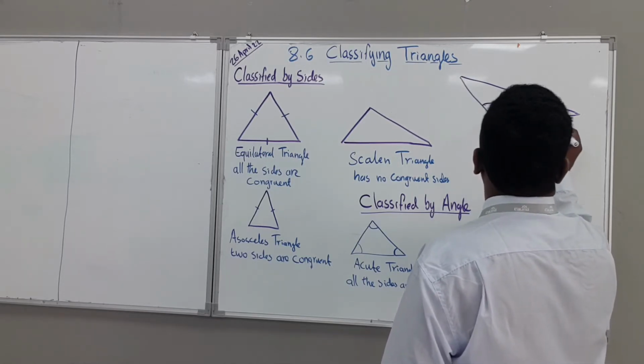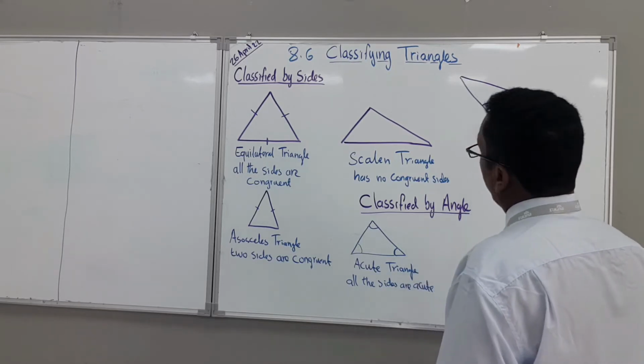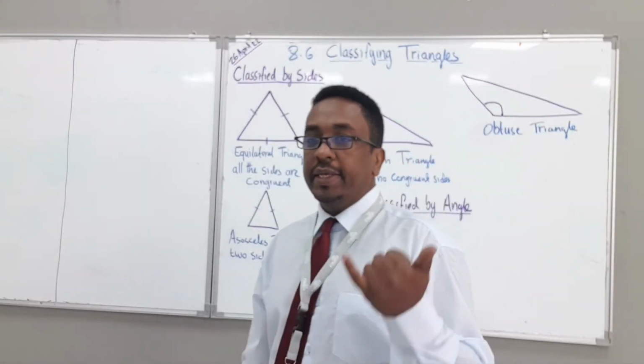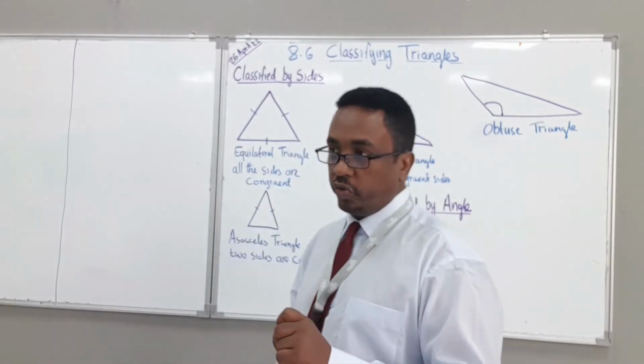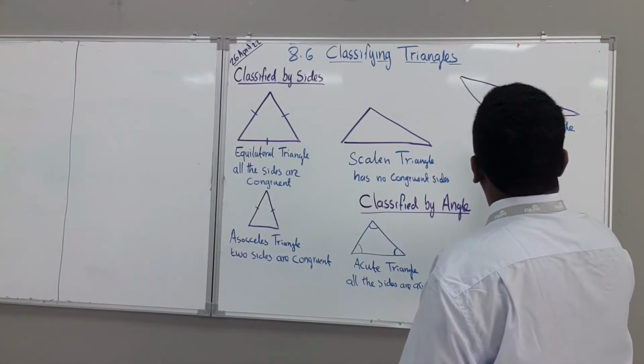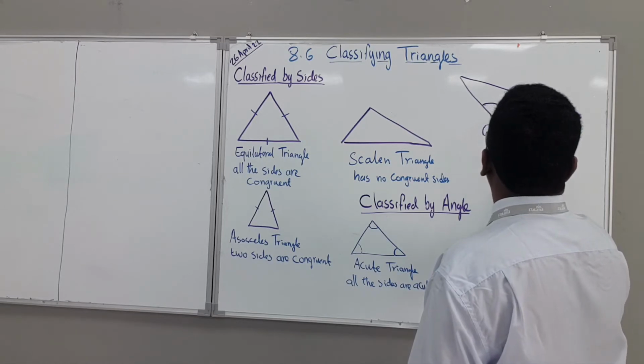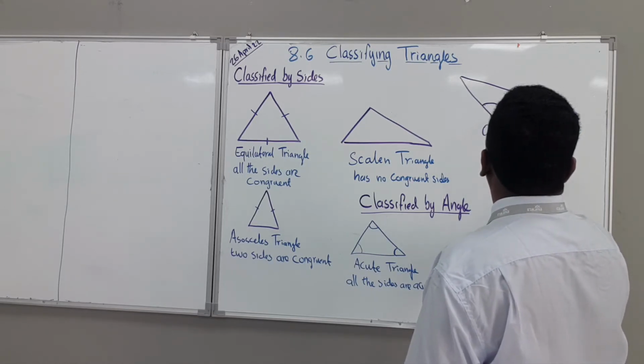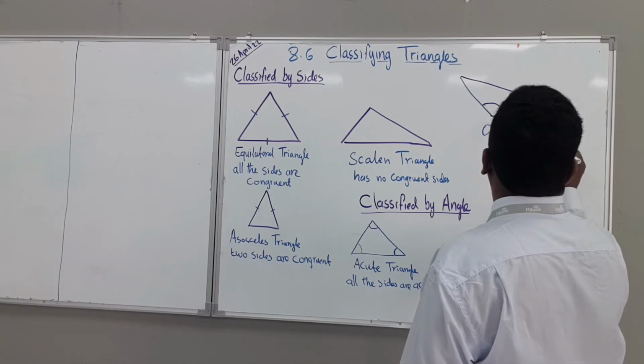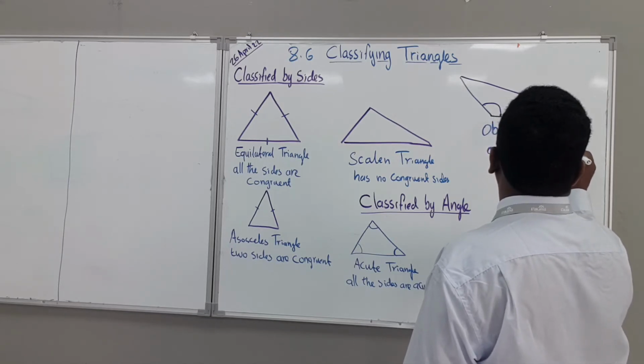So what is an obtuse triangle? At least it has one angle which is obtuse. Okay? So write down that. One angle is obtuse angle.